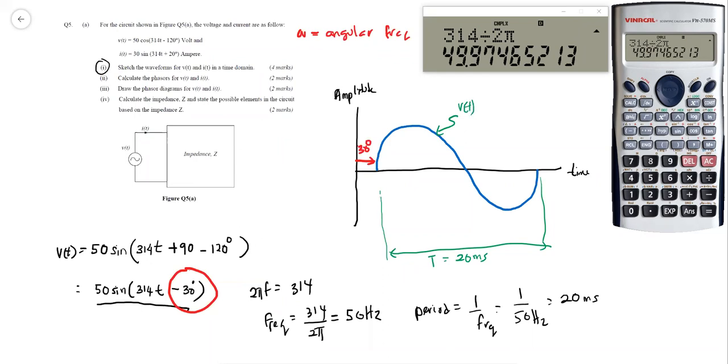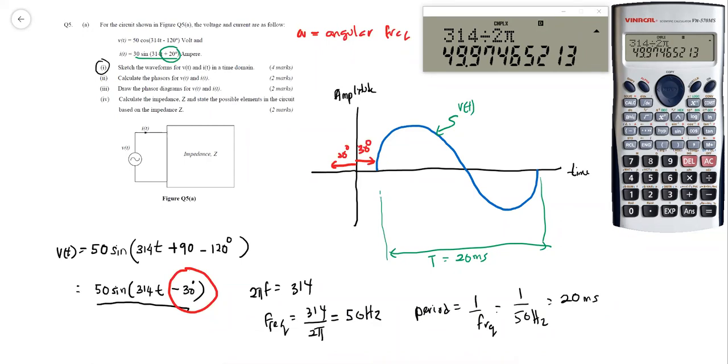And what about your It? Your It is 30 sine 314t plus 20, meaning that your current starts at positive 20, so it starts 20 degrees earlier.